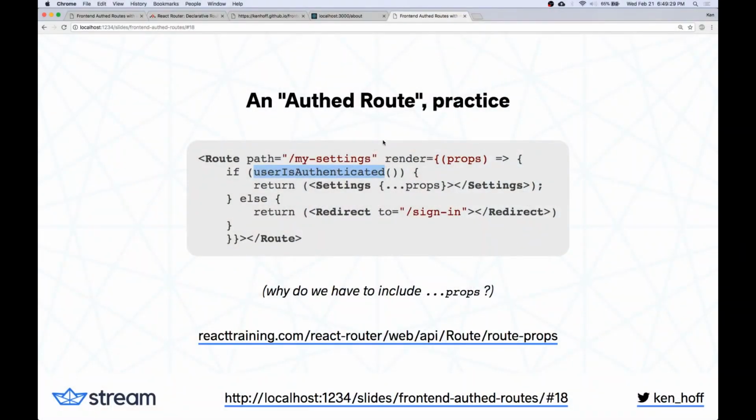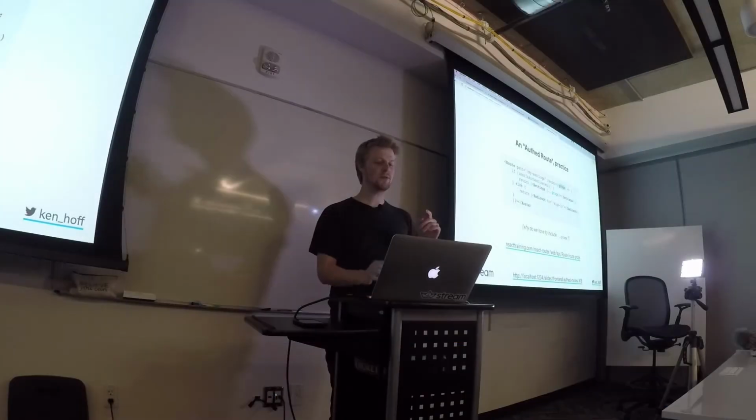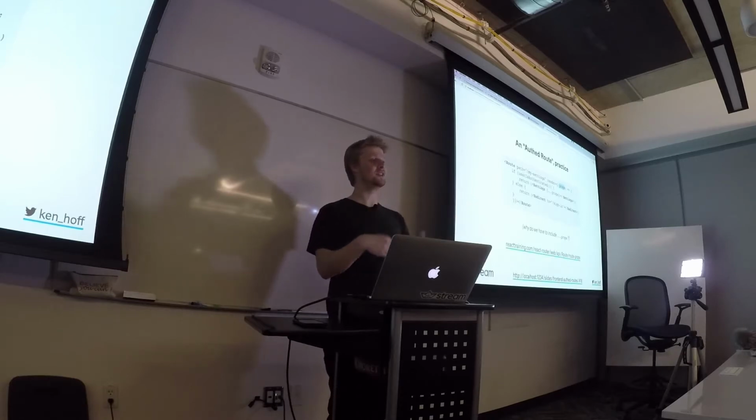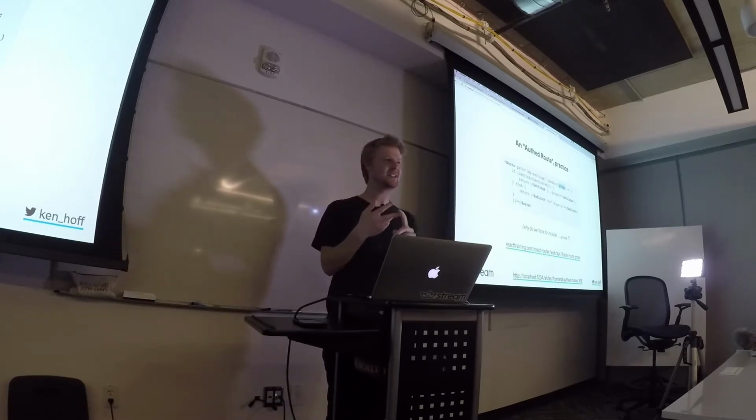The other kind of funky thing here is this render props method. What is props in this case? It's a props argument, and it is passed using the spread operator to the Settings component as props. This props object is actually a bunch of props that the Route component injects into each one of these other components. Things like location and history and match.